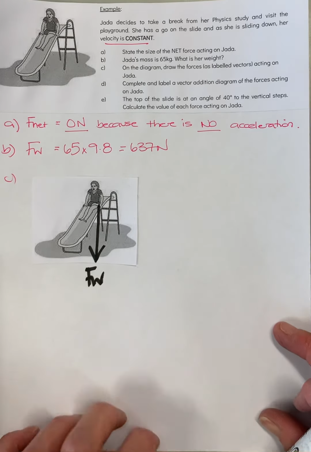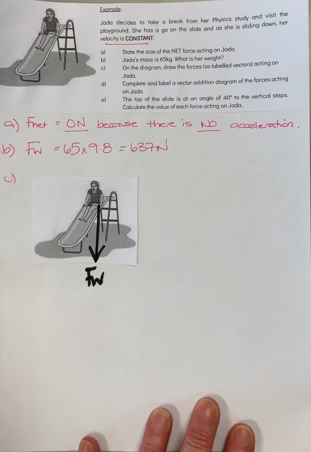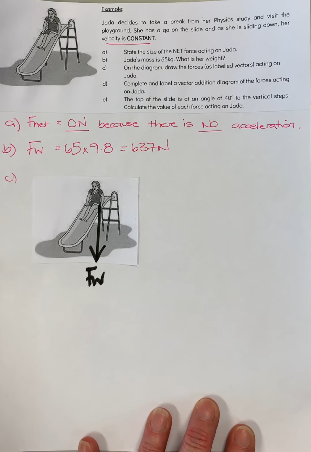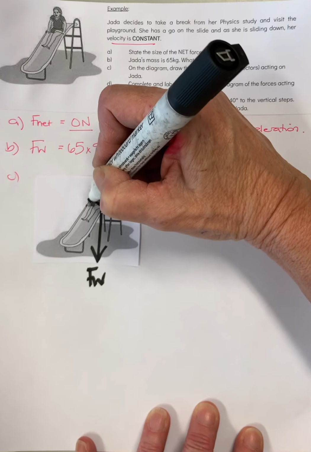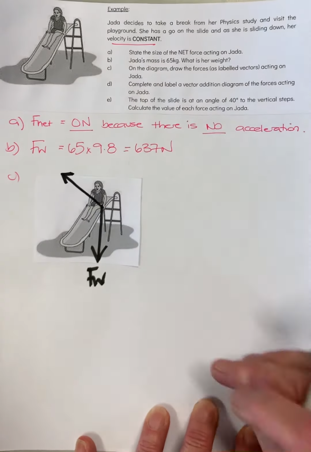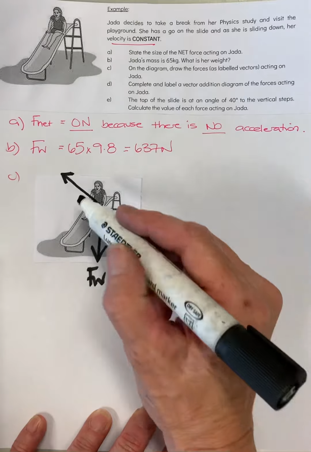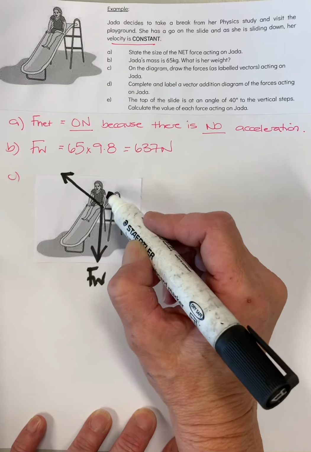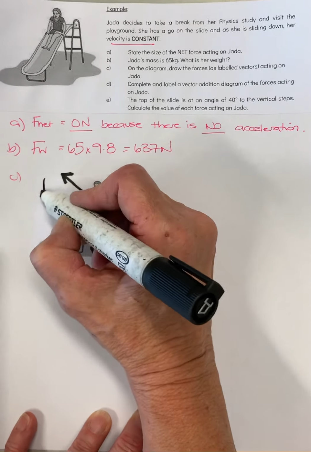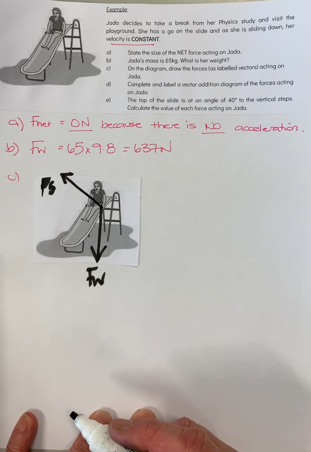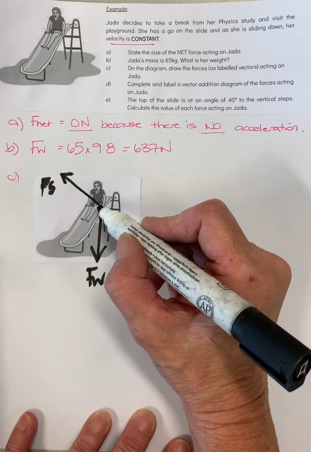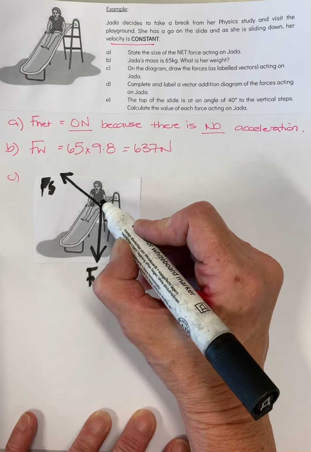Then we've got the support force of the slide, and here's where it gets to level 2 ideas. When we're talking about a support force, the support force always acts at right angles to the surface, so it's at right angles to the slide. Okay, so that is the support force, and then going in along the surface is the friction force.